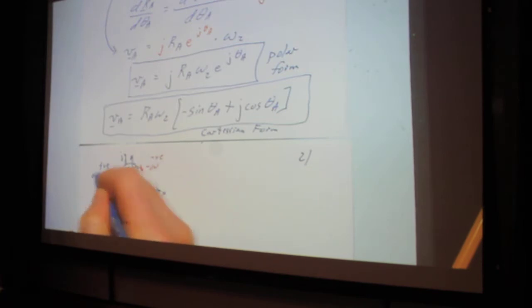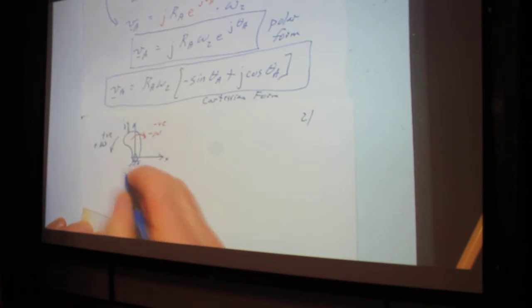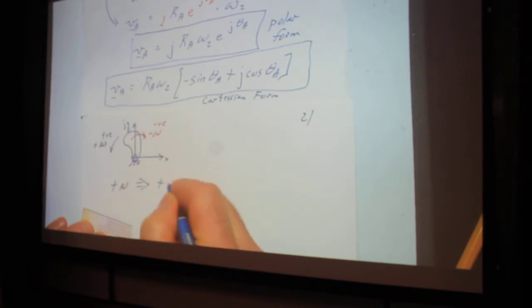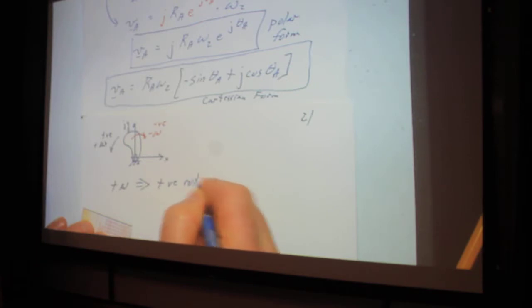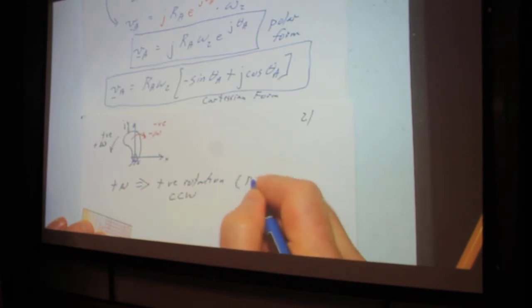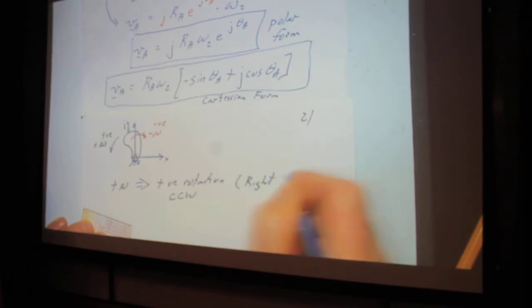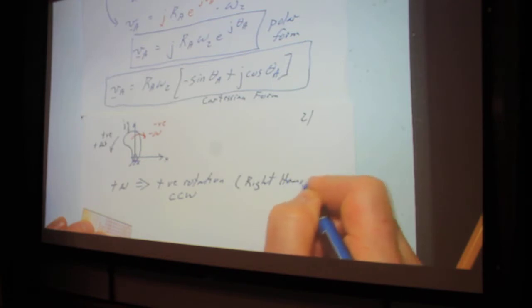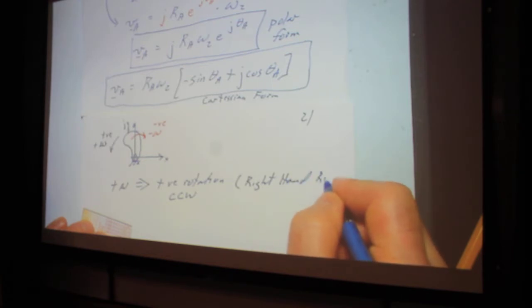So if I write this thing here, the plus omega here is a positive rotation, counterclockwise, right hand rule.